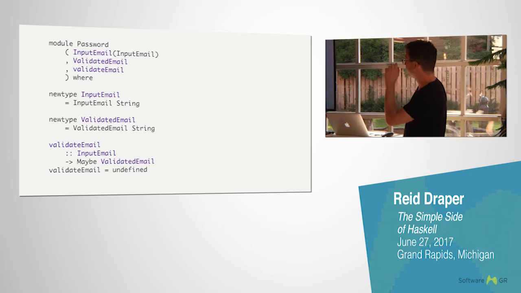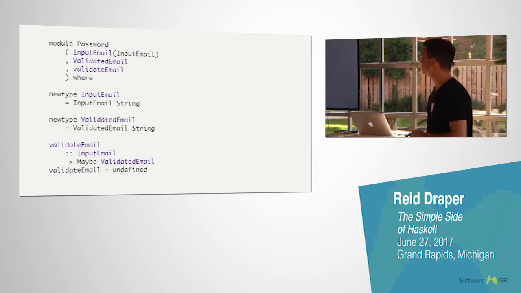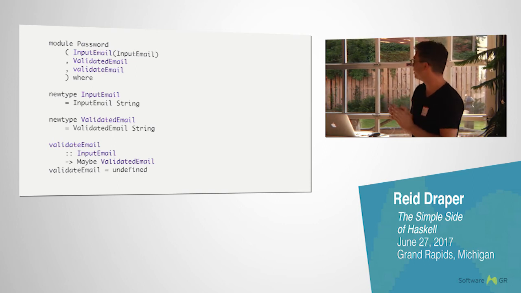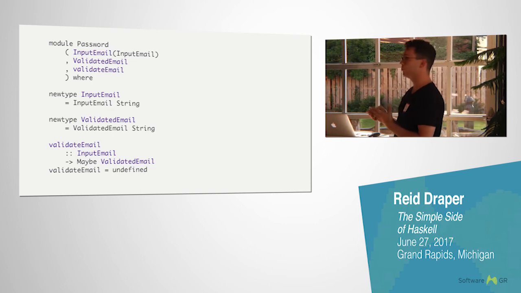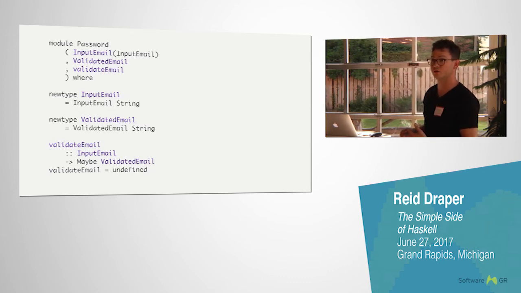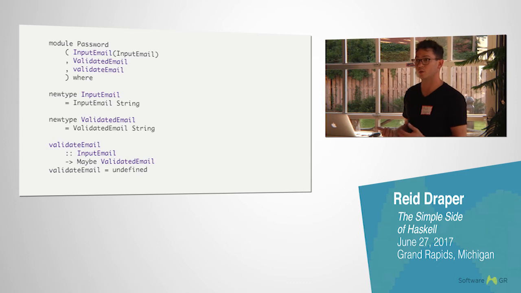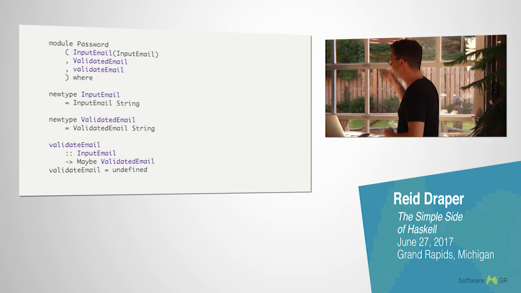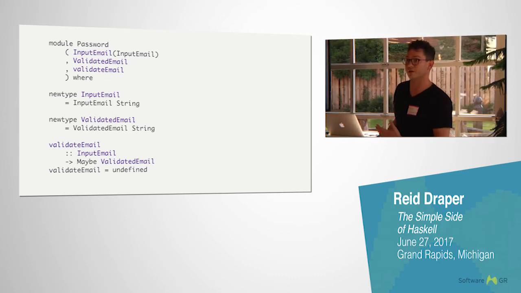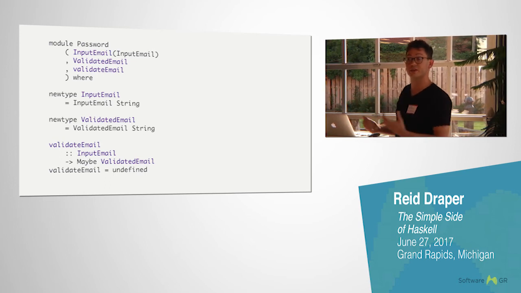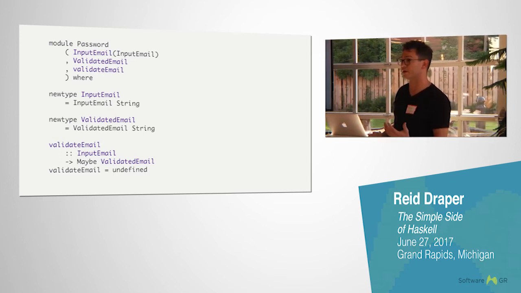One place this is different, though, is that an email might not be valid. And so instead of our return type being validated email, it's maybe validated email. Typically, Haskell does not have a notion of null or undefined in the type system. So maybe allows you to say that this function might not return a validated email. It's going to try to return a validated email type, but if the email is not valid, it's going to return nothing.